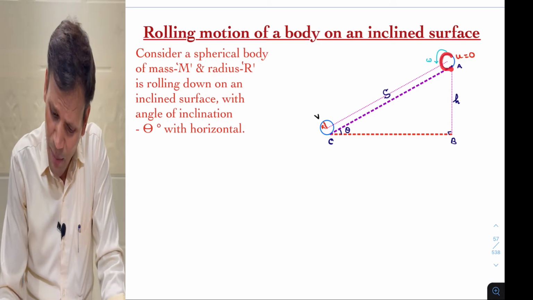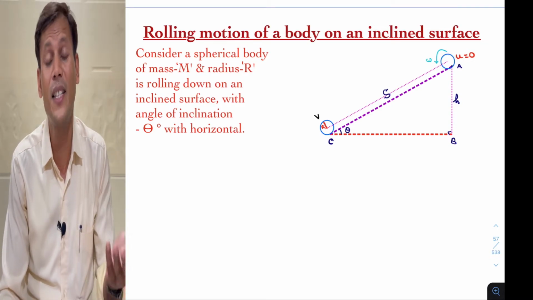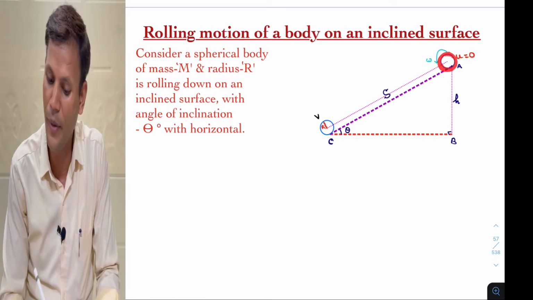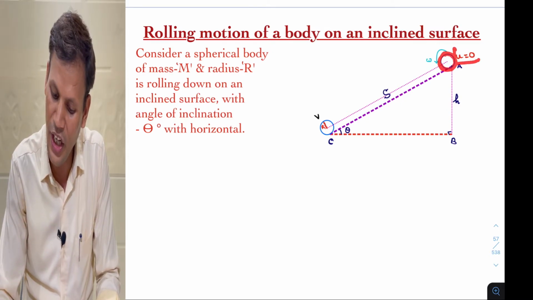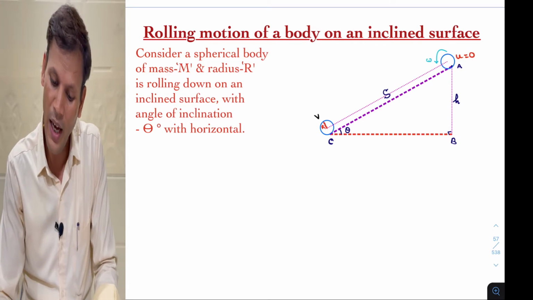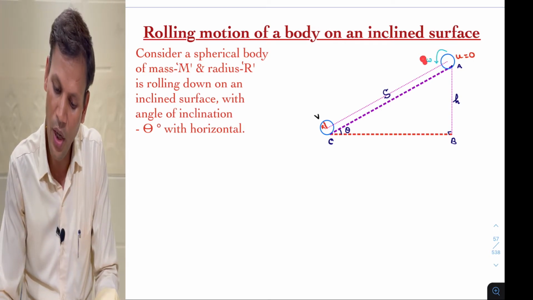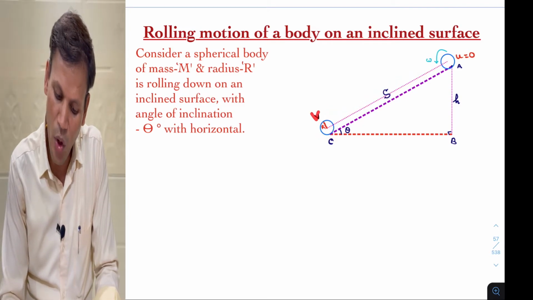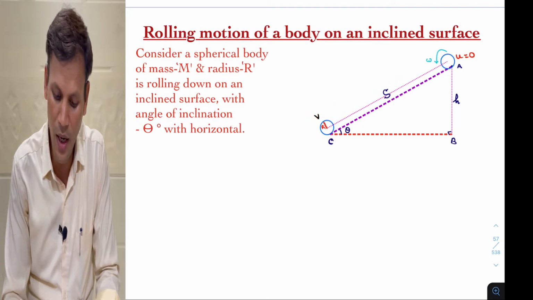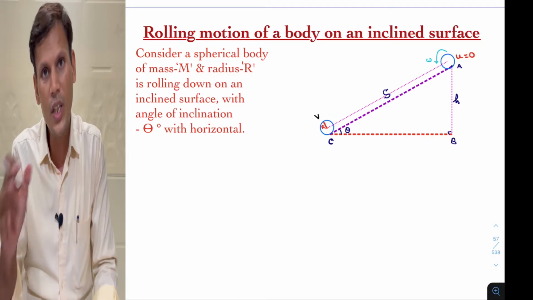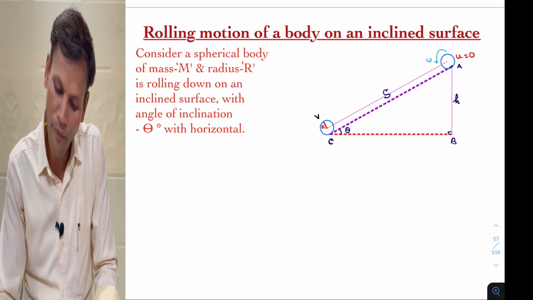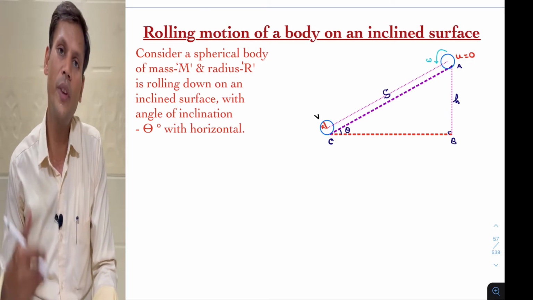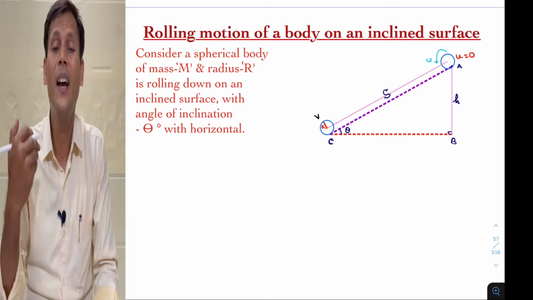So if the body is here, the body will have its mass capital M and radius capital R, and as the body starts rolling down from here, its initial velocity is 0, so u is 0, and as it starts rolling down with angular velocity omega, it reaches point C. By that time, what will be its velocity, that is to be found out. यहाँ पे हमें velocity क्या होगा at lowest position, उसका derivation find out करना है, and with what acceleration it will come down, that acceleration we have to find out, or we have to derive the expression for velocity and acceleration.